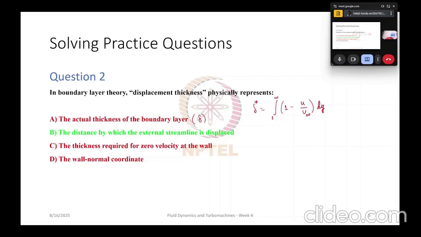What this means is, this is also called the velocity deficit.